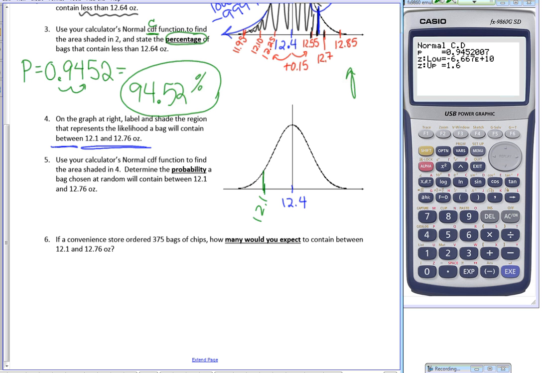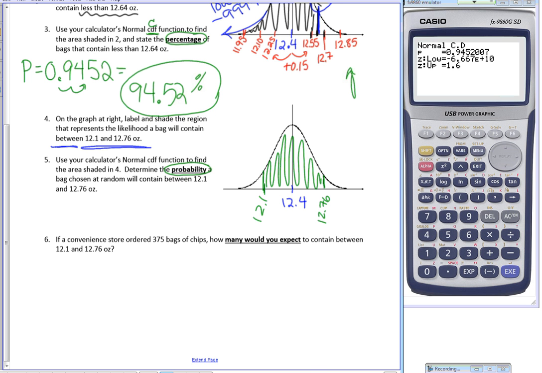But the 12.76 was not. That'd be way up here. And I want the amount in between. I'm looking for the probability that I'm between, so my answer needs to be a decimal.